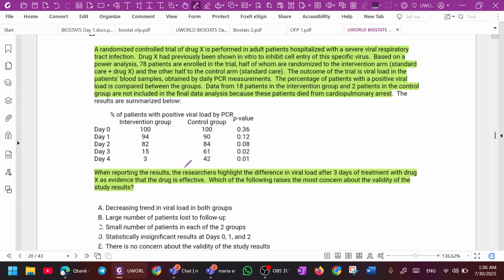When reporting the result, the researchers highlight the difference in viral load after 3 days of treatment with drug X as evidence that the drug is effective. Which of the following raises the most concern about the validity of this study result?